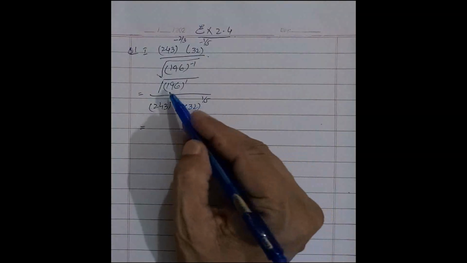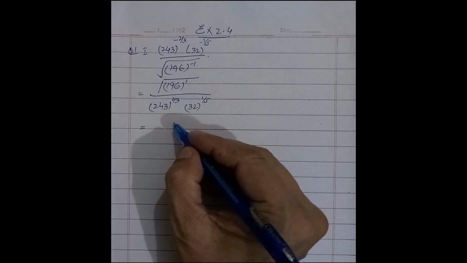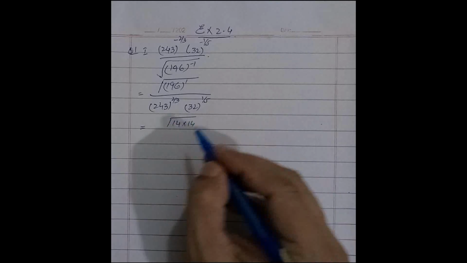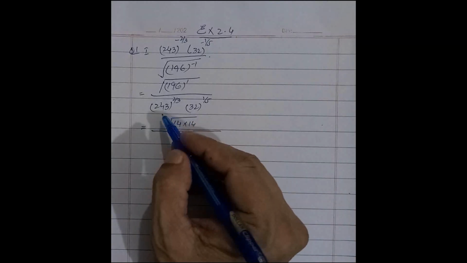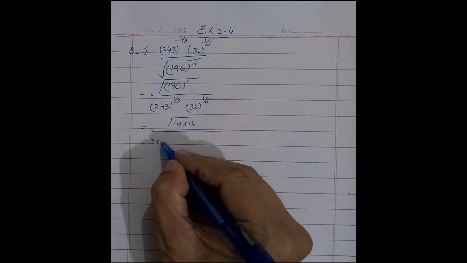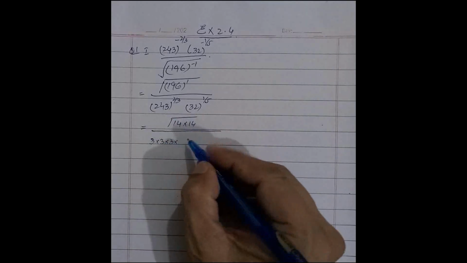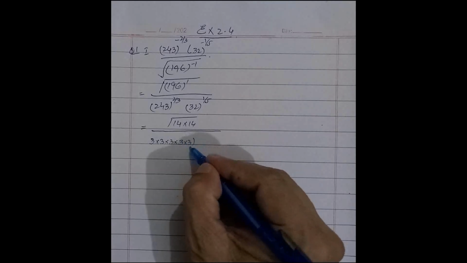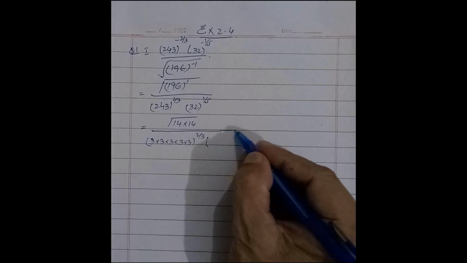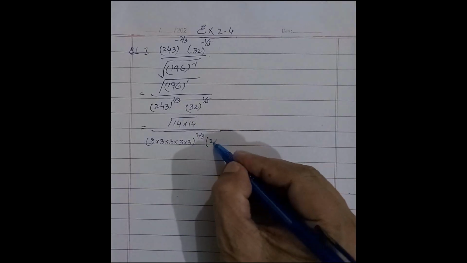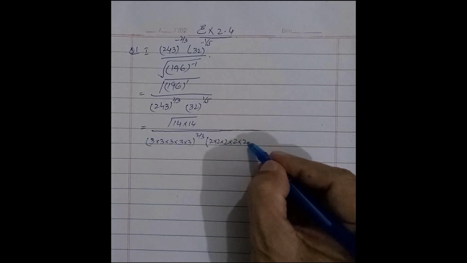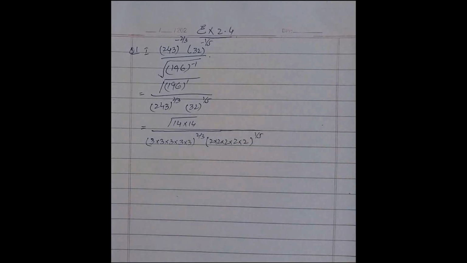We get 196 is the factor of 14 multiplied by 14, square root over. We take the factors of 243, which is 3 multiplied by 3 multiplied by 3 multiplied by 3 and multiplied by 3, whole power 2 over 3, and 32 is 2 multiplied by 2 multiplied by 2 multiplied by 2 and multiplied by 2, power 1 over 5.